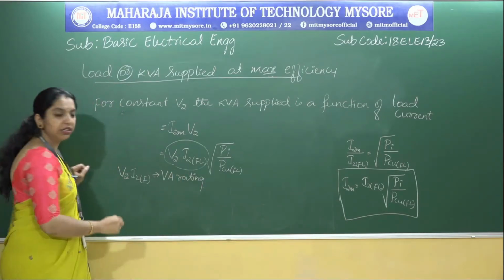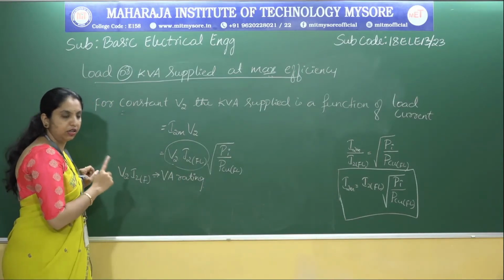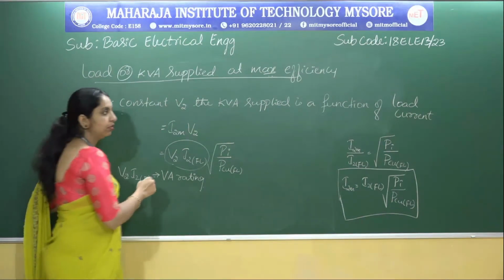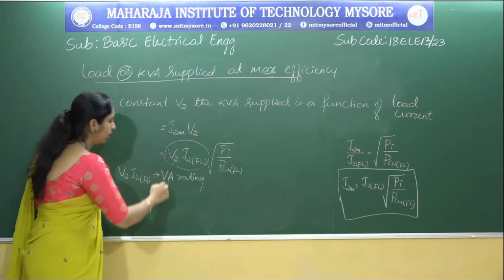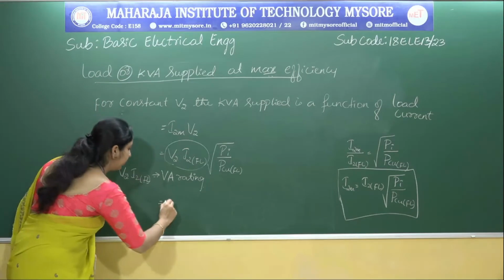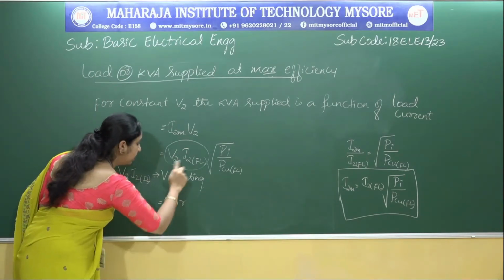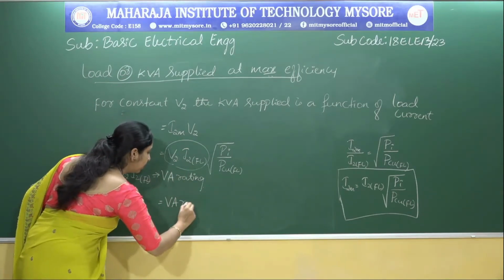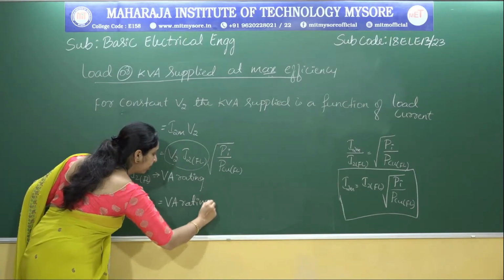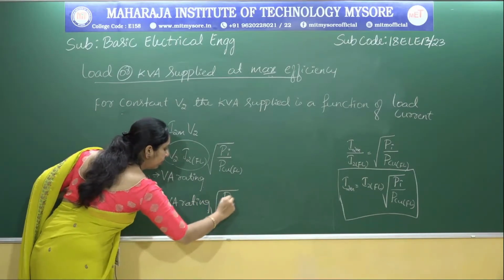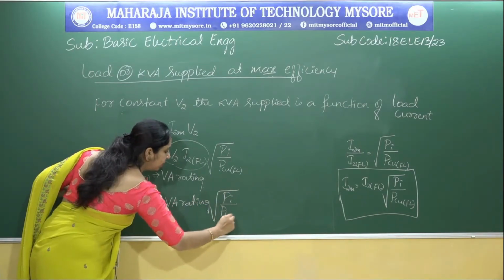As I have already discussed in the problems, VA rating is nothing but V into I. Now substituting the same here, replacing V2 into I2 full load with VA rating, we get VA rating into square root of Pi divided by PCU full load.